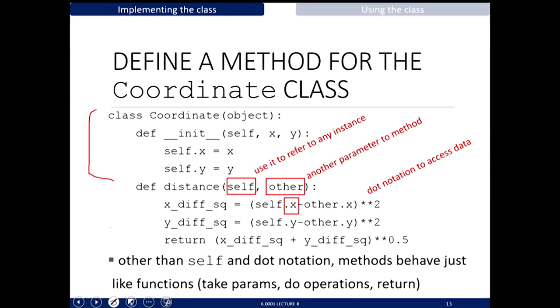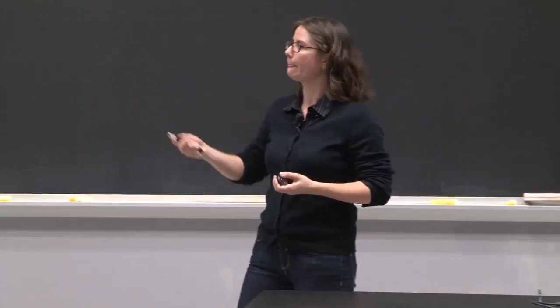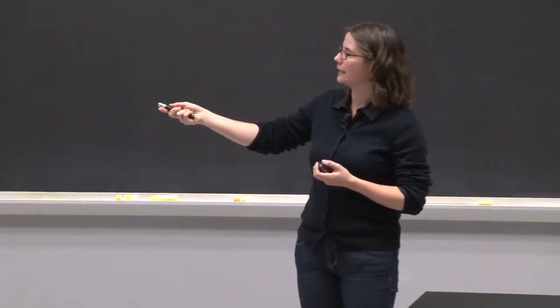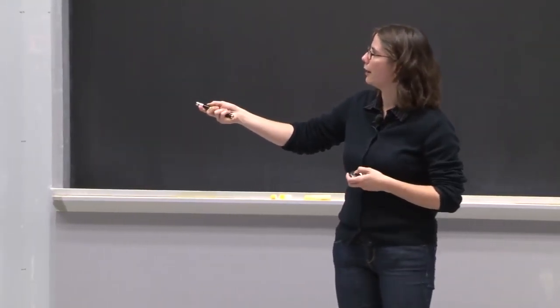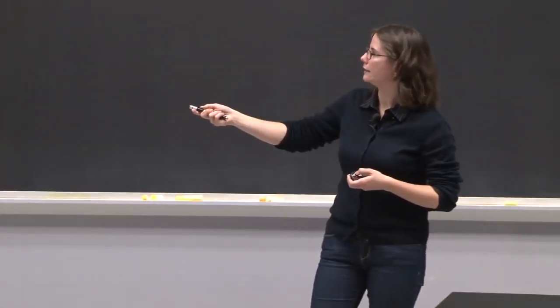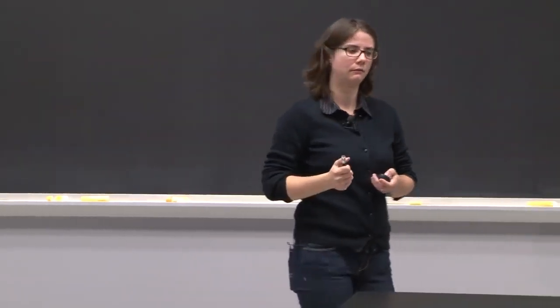As we're thinking about classes, you always have to refer to whose data attribute you want to access. In this case, I want to access the x data attribute of myself, and I want to subtract the x data attribute of this other coordinate, square that, same for y, square that, and then add those and take the square root of that.